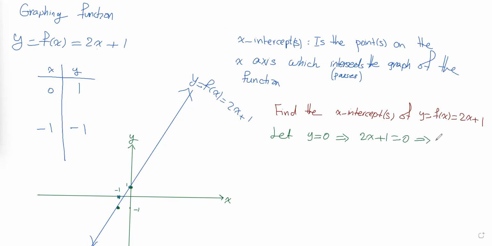And from here, you get x. So x is negative 1 over 2. So our x-intercept, we have only one x-intercept for this function because it's one to one. And it is the point negative 1 over 2 and 0. Okay.